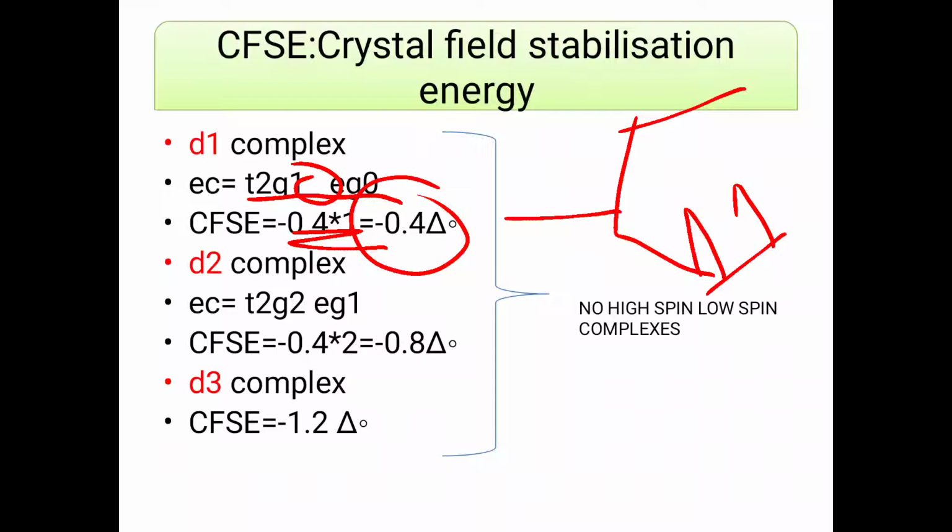These 2 electrons get multiplied by this and you get your crystal field stabilization energy, that is minus 0.4 into 2, which is minus 0.8 delta naught. Same way for the d3 complex, your third electron will come up here and you will get minus 1.2 delta naught after multiplying those 3 electrons with minus 0.4.